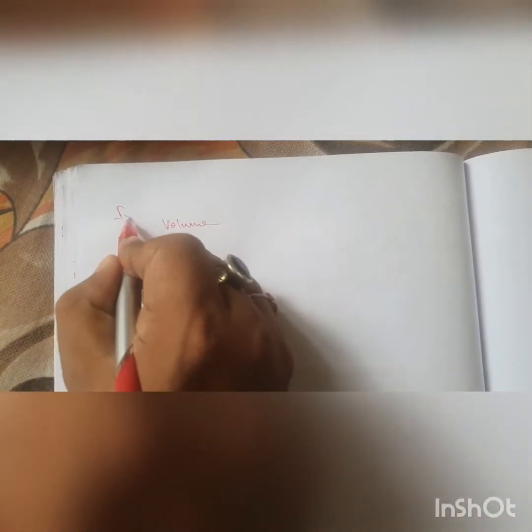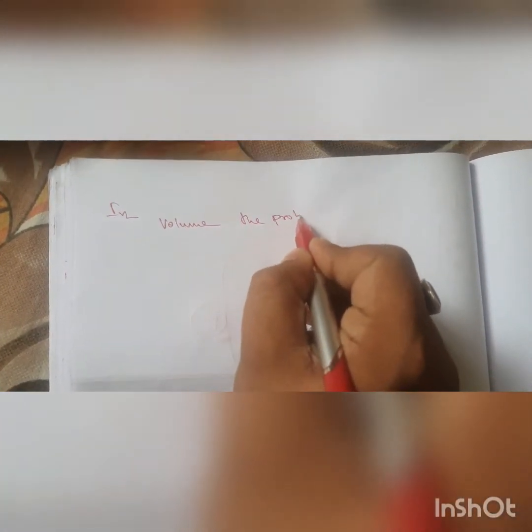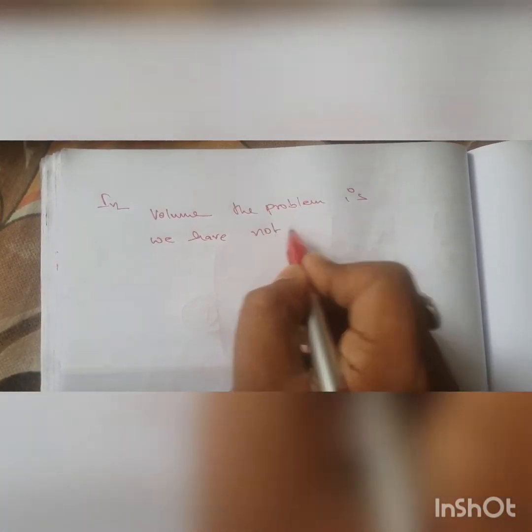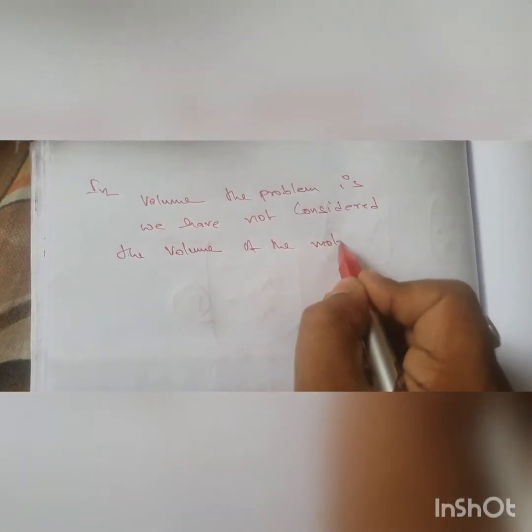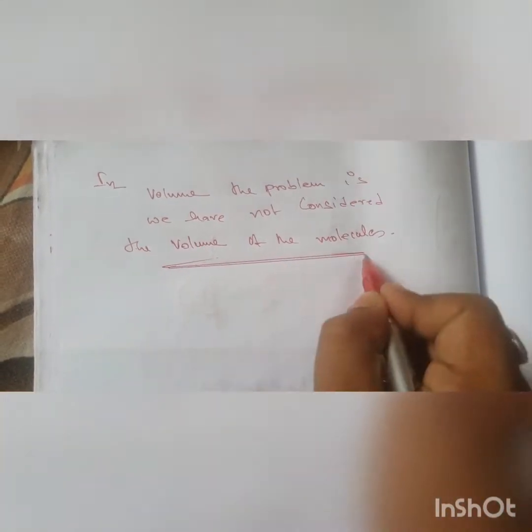The problem is we have not considered the volume of the molecules. Have we considered the volume of the molecules? No. We have not considered the volume of the molecules. So when we are not considering the volume of the molecules, we have to correct it.